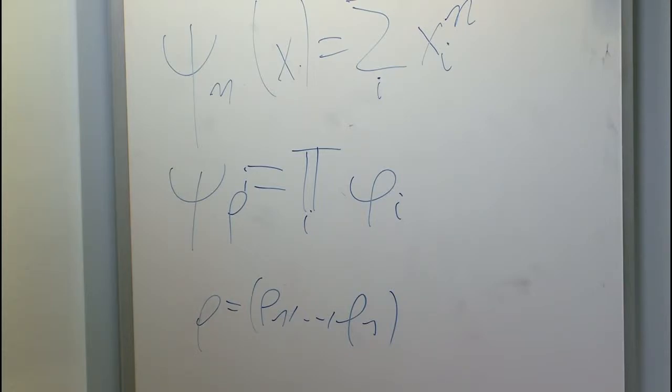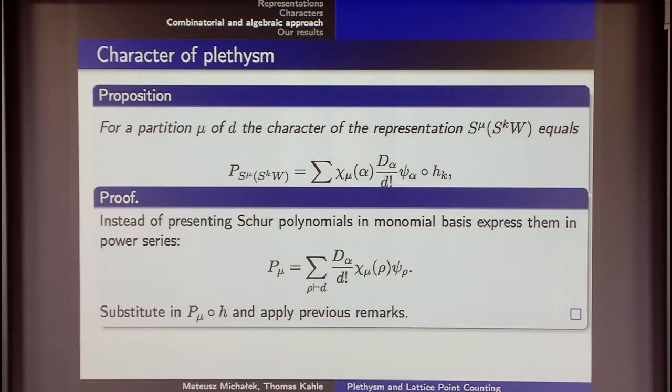And I'm now going to explain this, because I didn't say what this is. So recall that partitions label not only representations of the symmetric group, they also correspond to representations of the complete symmetric group. And the symmetric group also has characters.